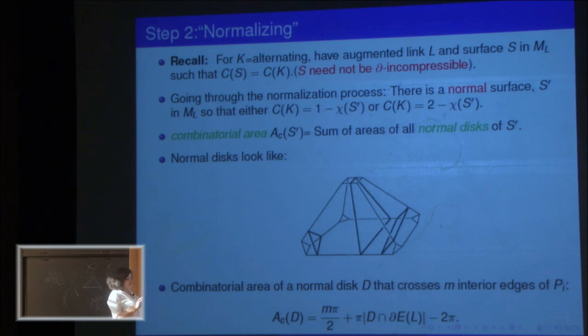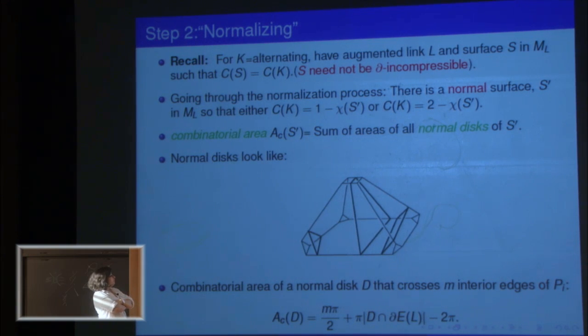Okay. Now I will take a surface that realizes the crosscap number. Remember that it is not incompressible in general. It is not boundary incompressible, all right, meaning the double.